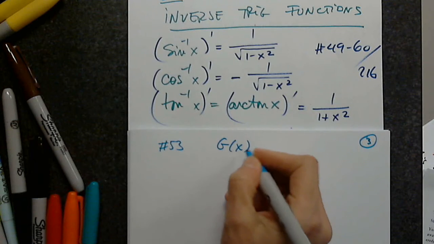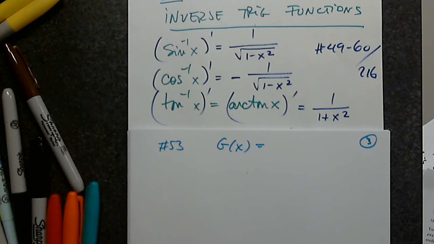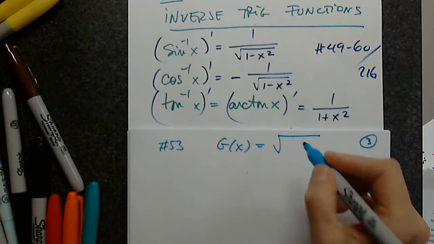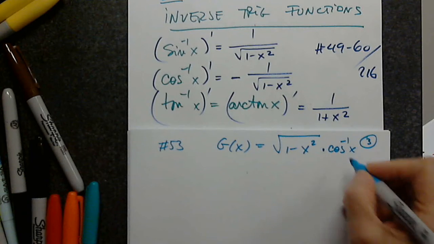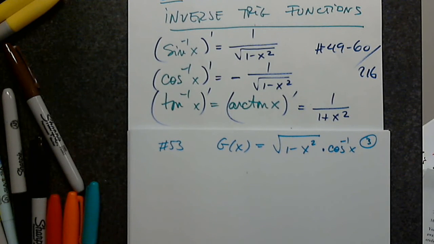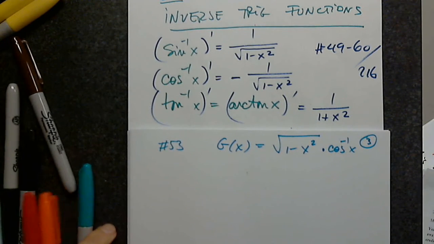We are given a function, uppercase G, the square root of 1 minus x squared multiplied by cosine inverse, or arc cosine. So please get used to both notations. You know I'm lazy. I will not put the power. I will write arc cosine because it's easier. So both mean the same thing.